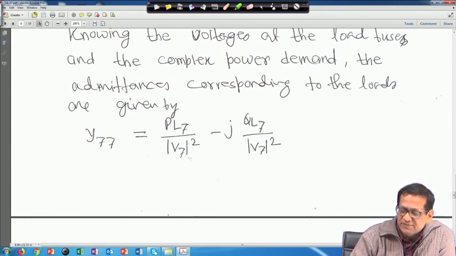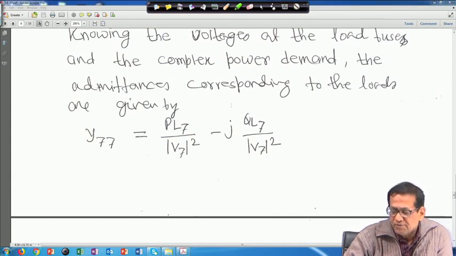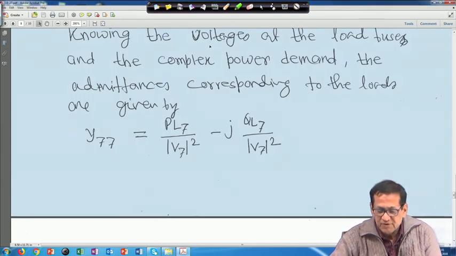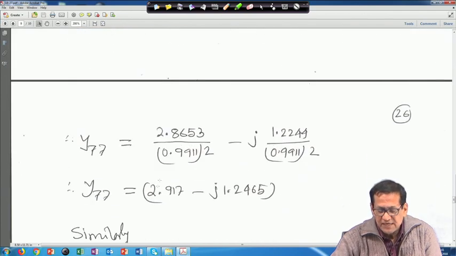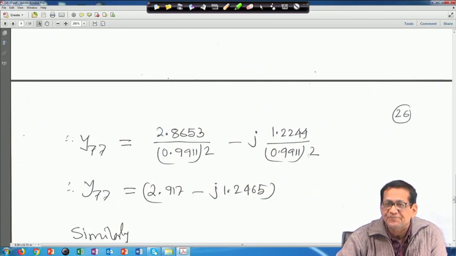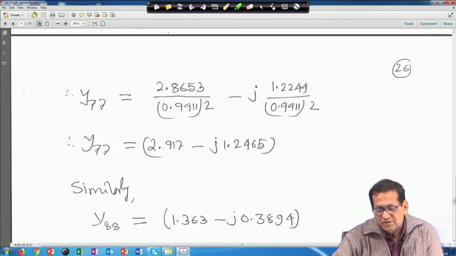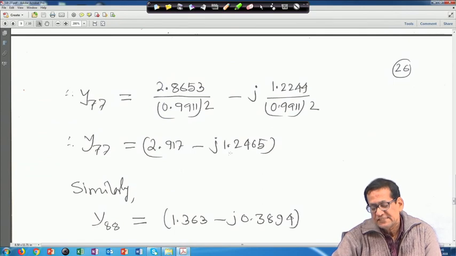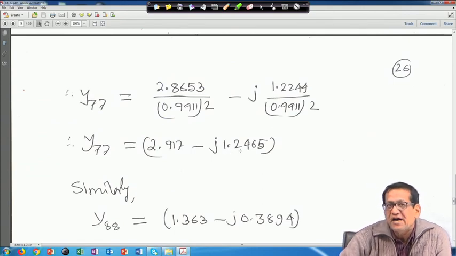PL, QL and the V7 magnitude are all known after the load flow studies. If you compute this, Y77 becomes 2.8653 over 0.9911 square minus j 1.2244 upon 0.9911 square. This comes to 2.917 minus j 1.2465 per unit.